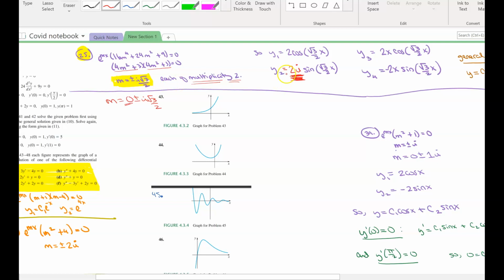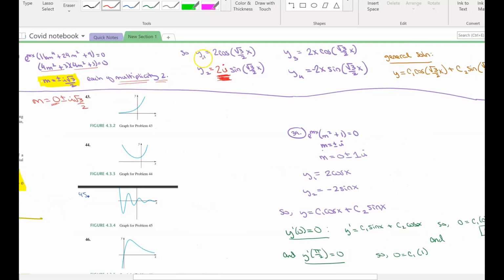Well, we know that if y1 is a solution, and this unique solution comes from an m value of multiplicity 2, then y3 is going to be x times this unique solution. So do you see how I did x times 2? I just wrote it as 2x. Similarly, y4 is going to be x times y2.